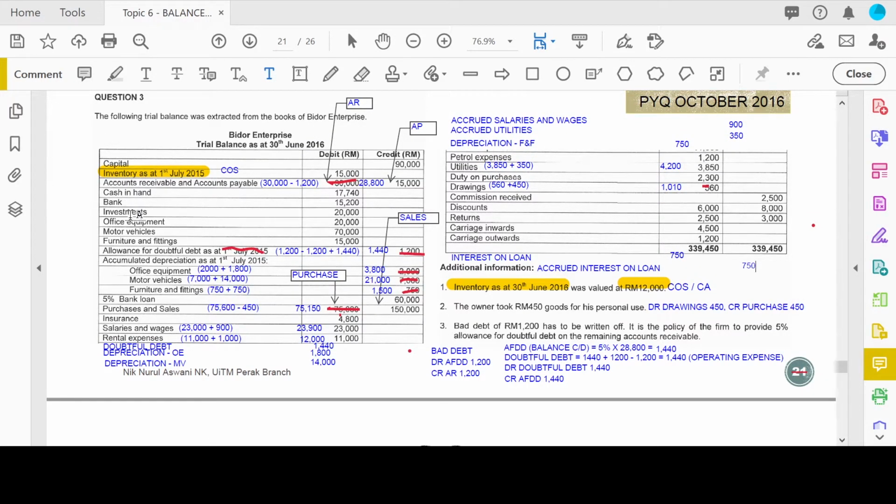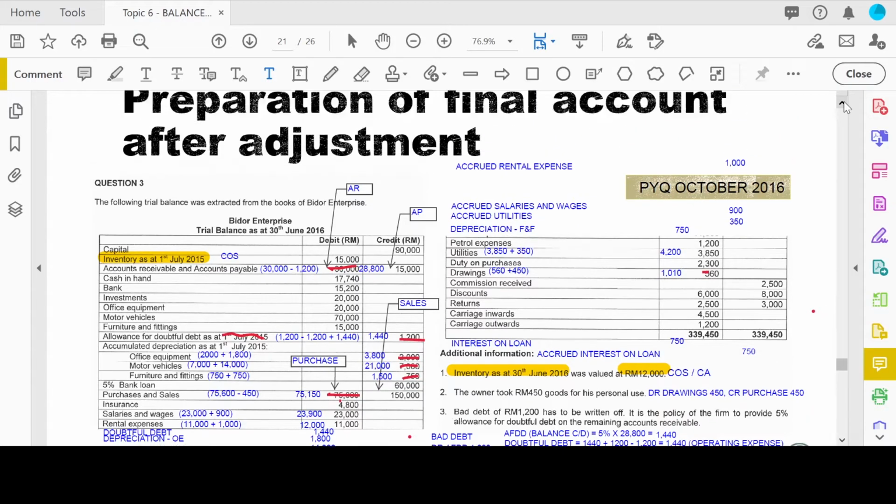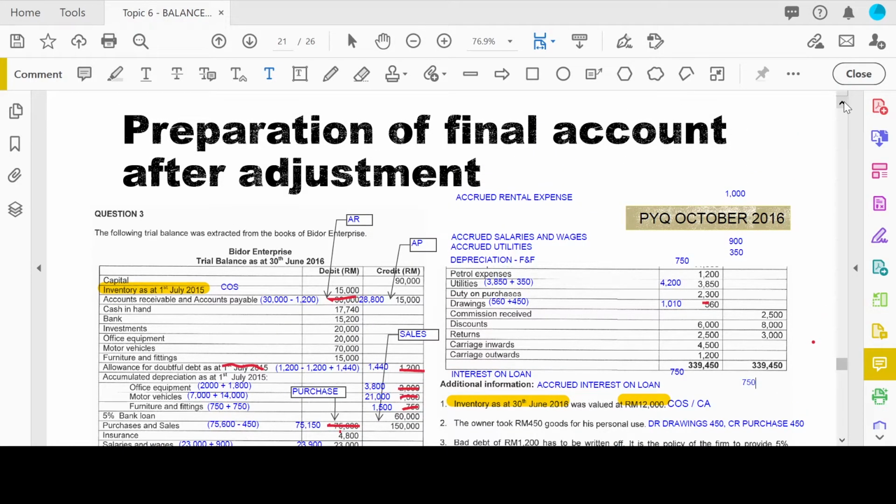This is investment, but not interest on investment. There aren't any, so we are going to add. I have no other space, so I'm going to use this space. I think there is no interest on investment in the trial balance yet, so I'm going to add it here.